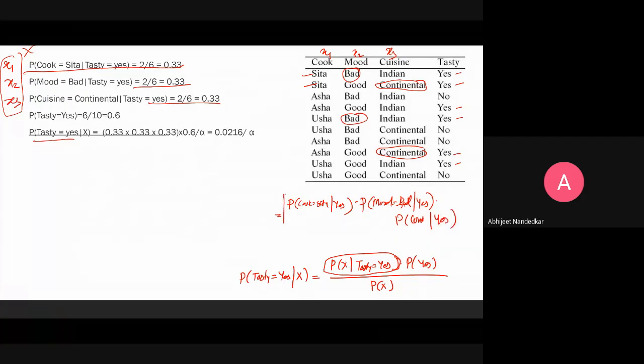So this product I should write here. Okay, so that will be my likelihood. So this is the approximation using naive Bayes.